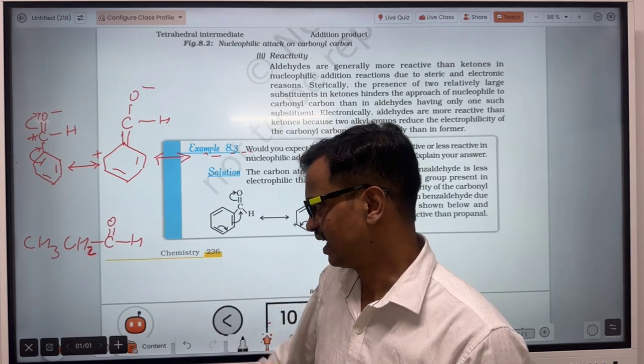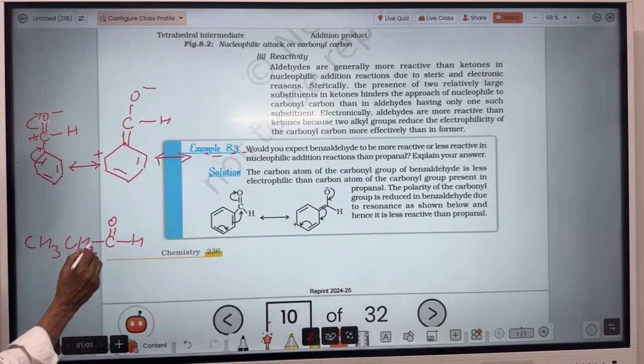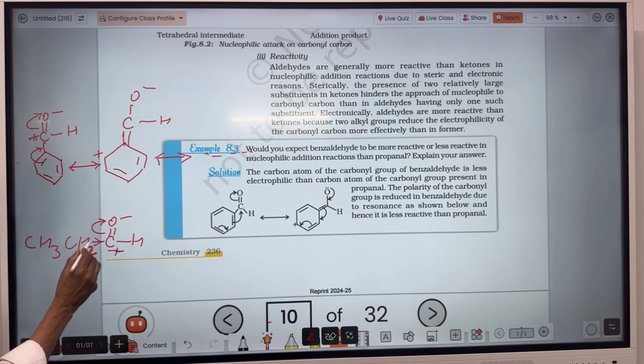Here minus R effect, and in propanal, what happens? The oxygen takes the electron, so there is negative charge on oxygen and this carbon has positive charge, and this positive charge is neutralized by the alkyl group through the plus I effect.